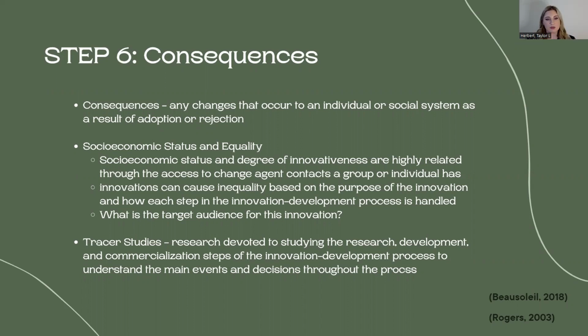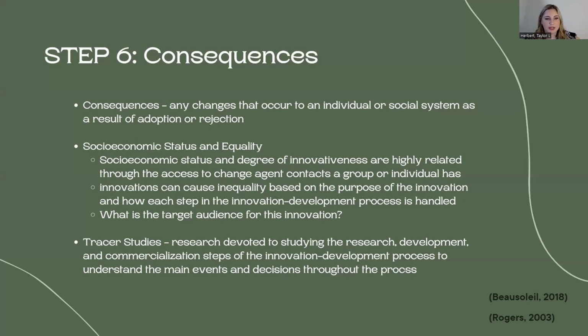What are the positive results of this? These can be intended consequences. They can also be unintended. This could be things that happen to specific people, specific groups of people, or it could be something that changes in the whole society based on the innovation that was diffused and adopted or rejected.